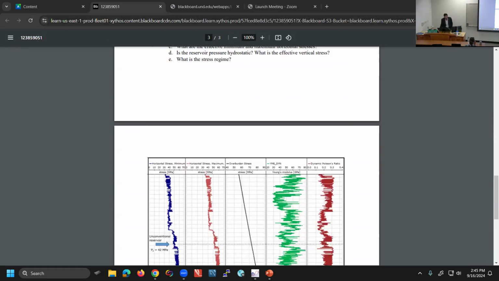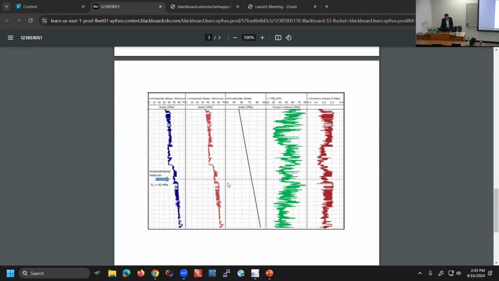If you found the range, I think it's very easy to come here and say. By now, because you did part A, you know the range. I will take a green color. This is my unconventional. Tell me what is the depth here. And you find that. So now you knocked out part B too. Excellent.